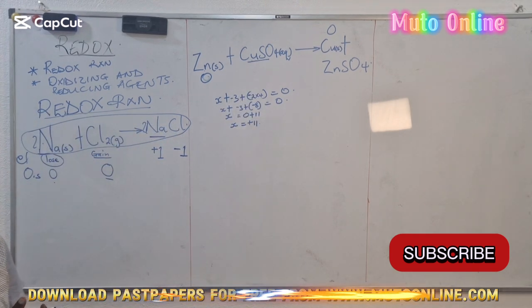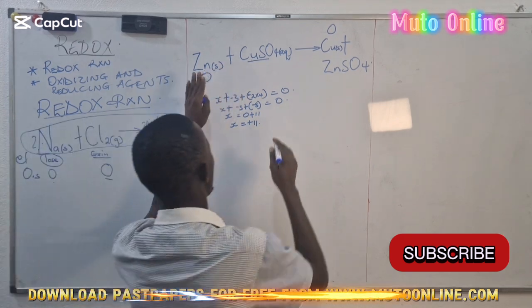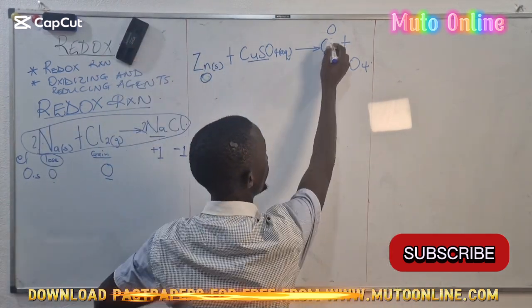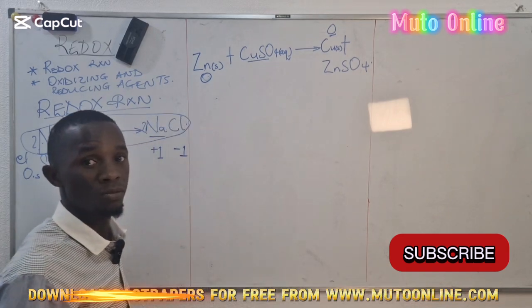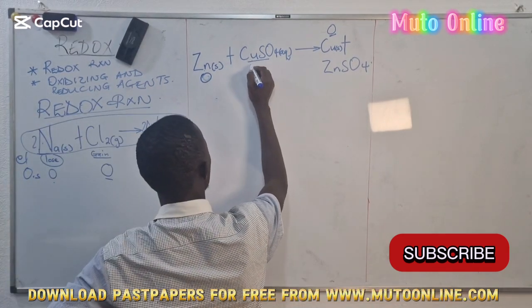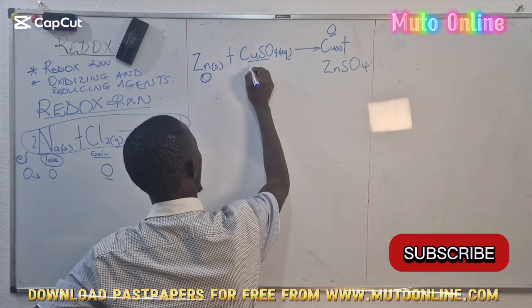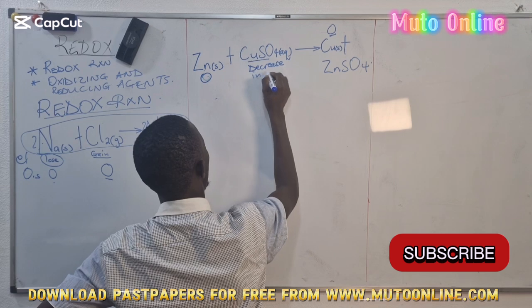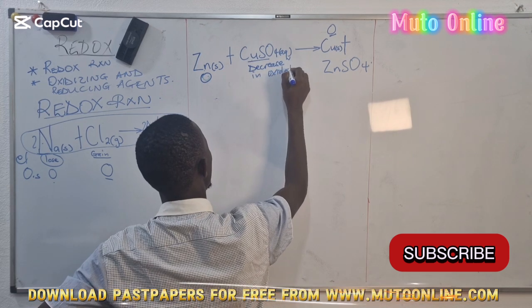Copper has this oxidation state. It is decreasing from whatever the value is to a 0. And we looked at reduction as a decrease in oxidation state.